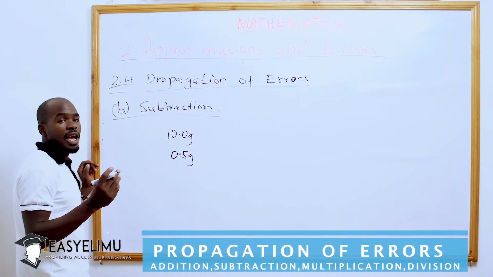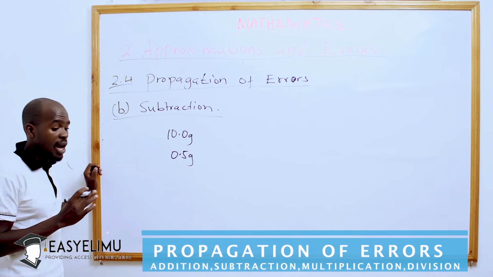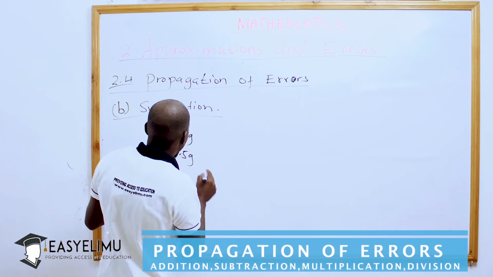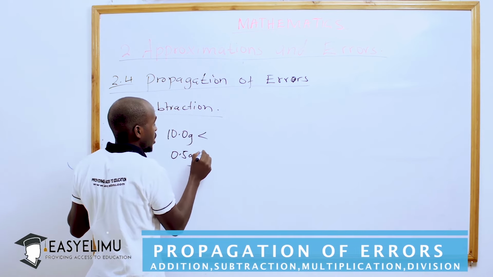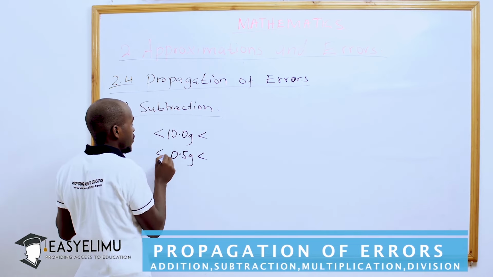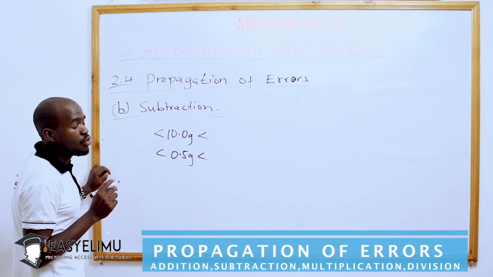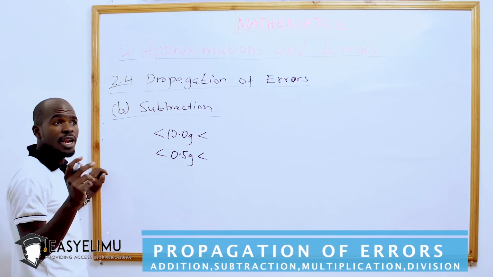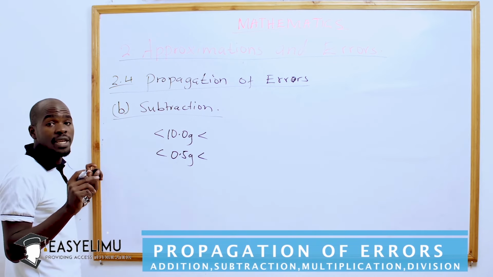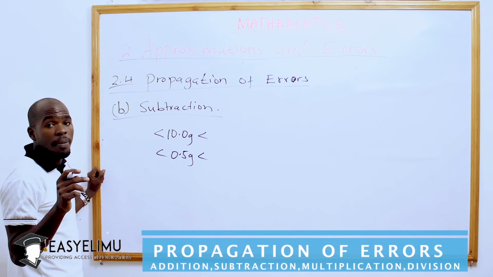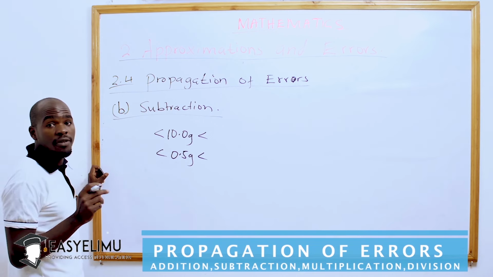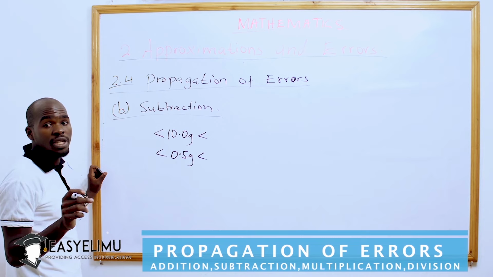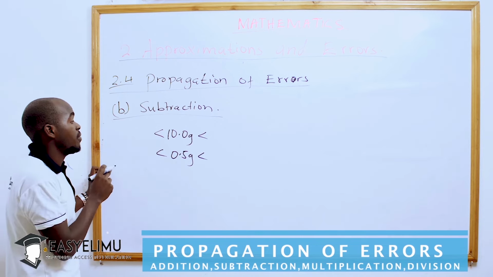So we need to find the upper limits of these, that of 10 and that of 0.5. The first thing here, we need to find the absolute error, so that to find the upper limit we add to that, and to find the lower limit we subtract from this.